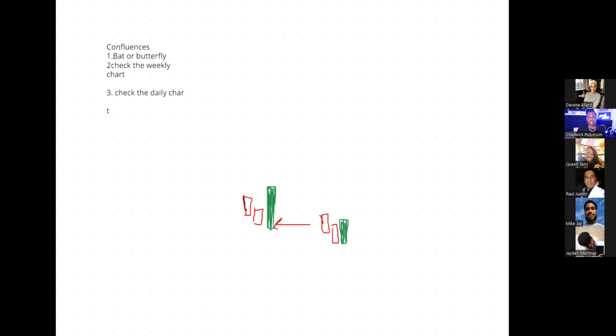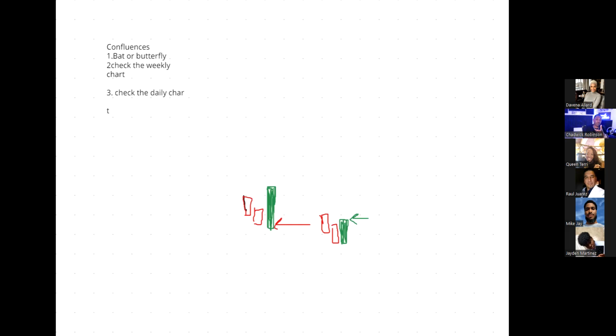Would you take a buy right here? Yes or no? If I was waiting for the engulfing, then yes. And why would you take the trade right here? That part, I'm not sure.